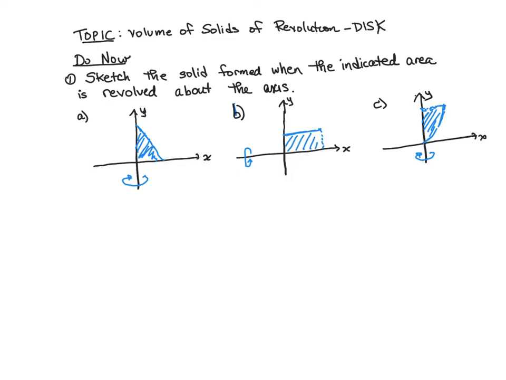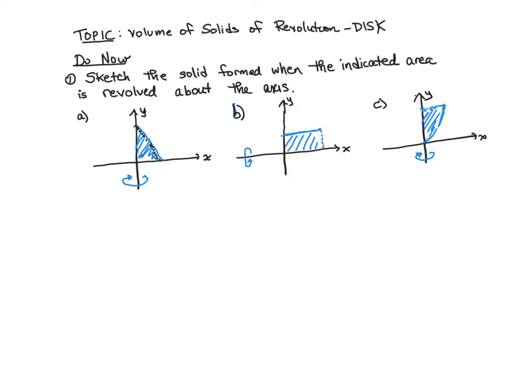Again, if we look at the diagram, I have the area bounded by a curve and the x and y axes. So here I have a line, bounded by the x and y axis.